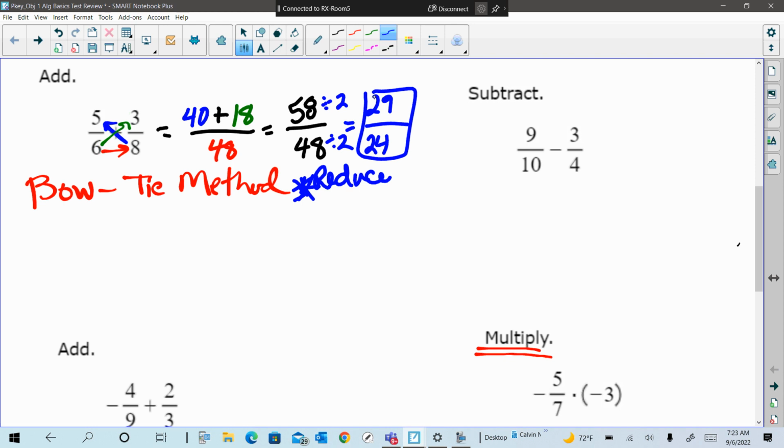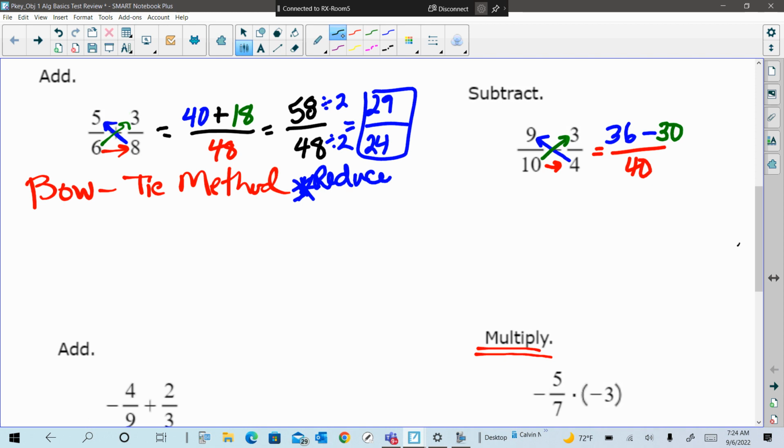So even with subtraction, you first multiply across to the bottom. So that gives the bottom is 40. Then you multiply up. 4 times 9 gives you 36. Then I'm going to subtract that, going straight up again. 10 times 3 is 30.